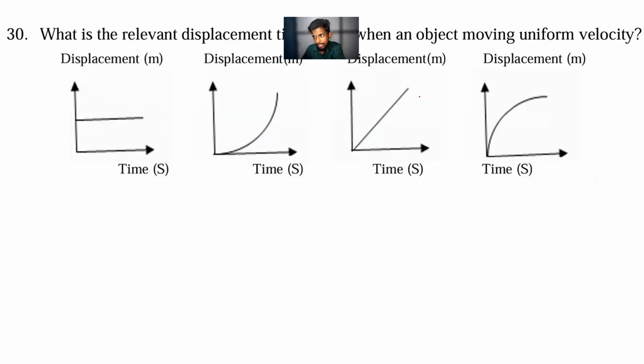Can anyone tell me the answer? Direct answer. They are asking regarding the uniform velocity. Yes, the uniform velocity and the constant velocity are same. The third one. Yeah, very good.